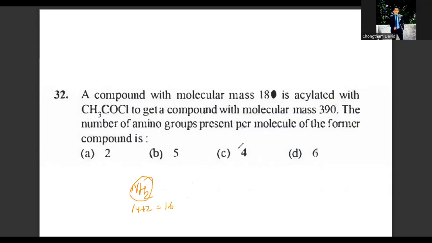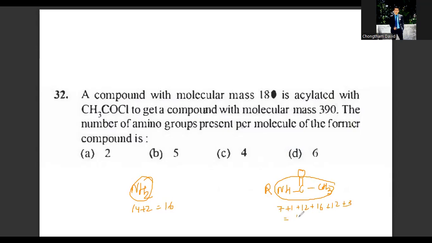See, since the molecular mass increases, how many times? From this NH2 it is 16, and for the amide, RNH, whenever an amide comes, the formula will be NHCOCH3. When you do the calculation, this will be 14 plus 1 plus 12 plus 16 plus 12 plus 3.